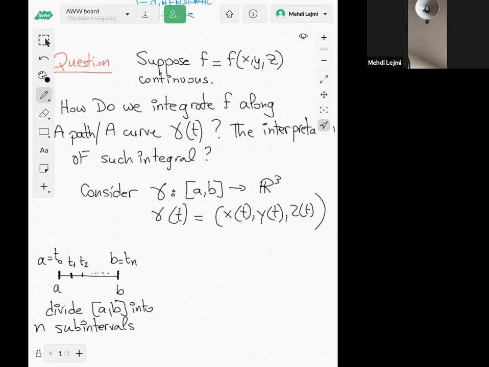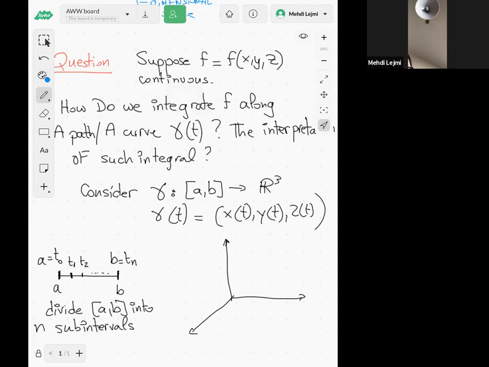Now you can imagine, if you take the image of these subintervals under the function gamma, you're going to have your path here.